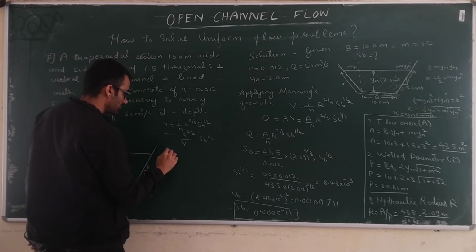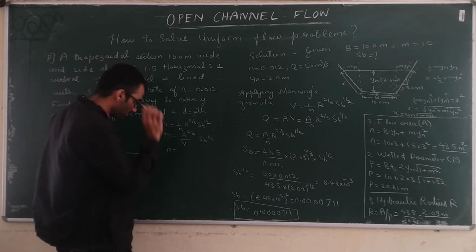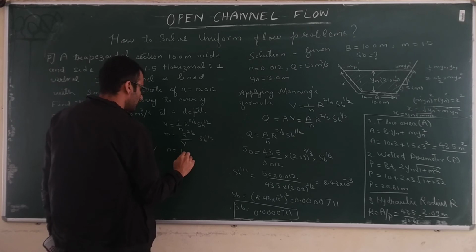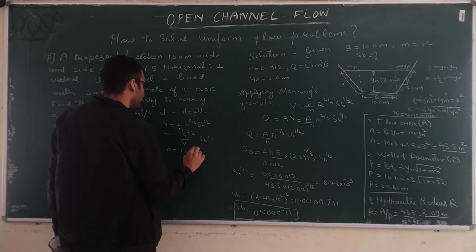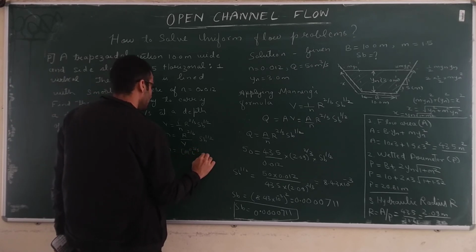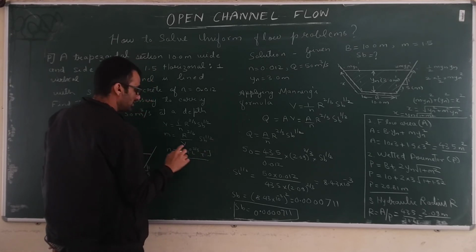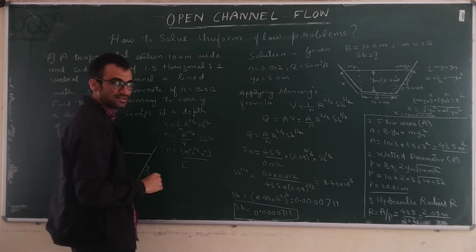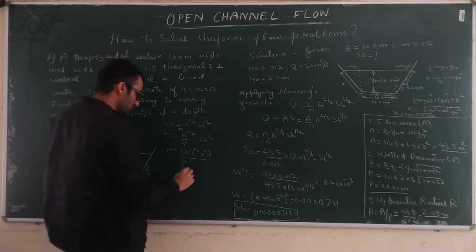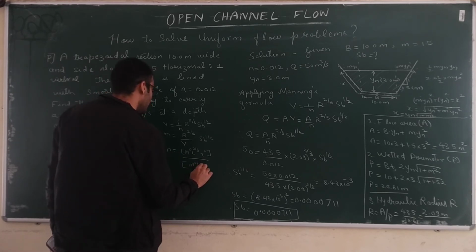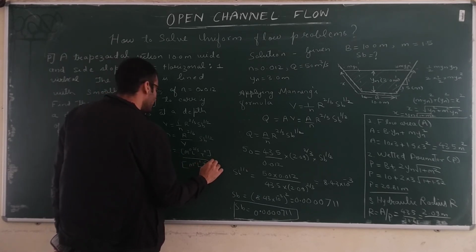What is the unit of R? The unit of R is meters, so we have M0 L to the power 2 by 3 T0. And the unit of velocity is meters per second, so length per unit time: M0 L1 T minus 1.